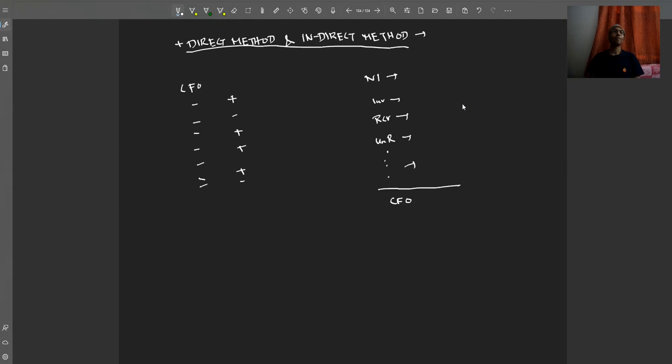So both have their advantages and disadvantages, friends. For example, the direct method is easier to understand and analyze for an analyst, because specific items, their source and the amount are mentioned in the sub-item list, right? They can make specific predictions, and specific amounts are readily available.